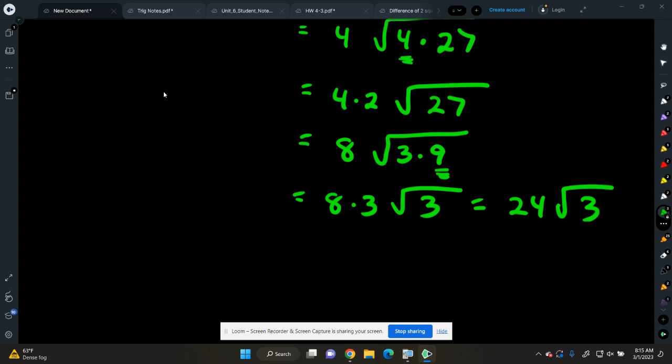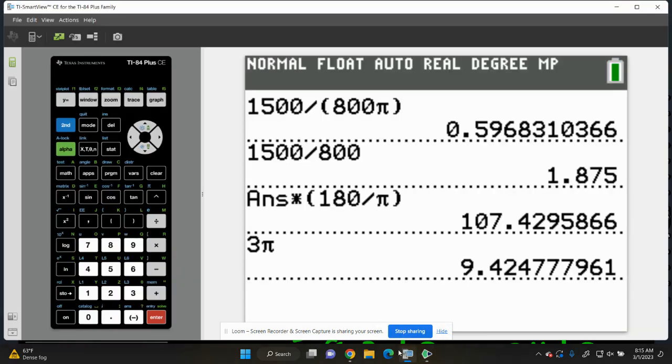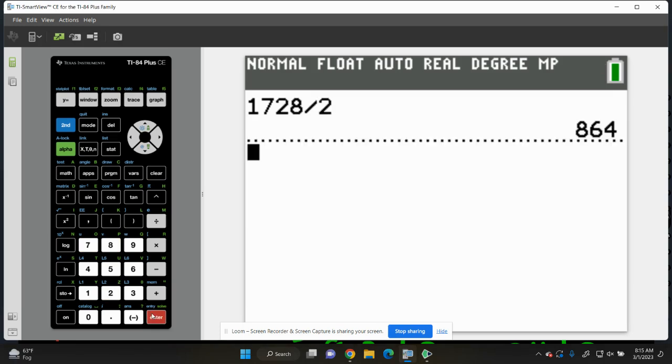Okay, but what I usually do is I sit there with my calculator and I just start trying it. So I'll show you with my calculator. Let me take 1,728. Let's divide that by 2. I know it divides by 2. Let me try it by 4.